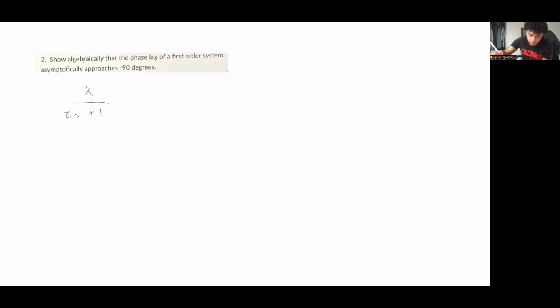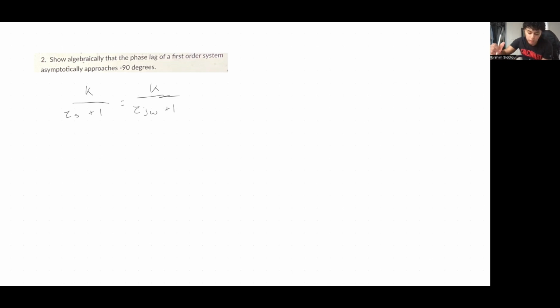One thing we can do from this is make a substitution for s. We've done this previously as well, where we substitute s for j omega. So let's go ahead and do that. What we'll get is K, which is our gain, over tau j omega plus 1. Okay. So from this point, this is essentially a first order system.